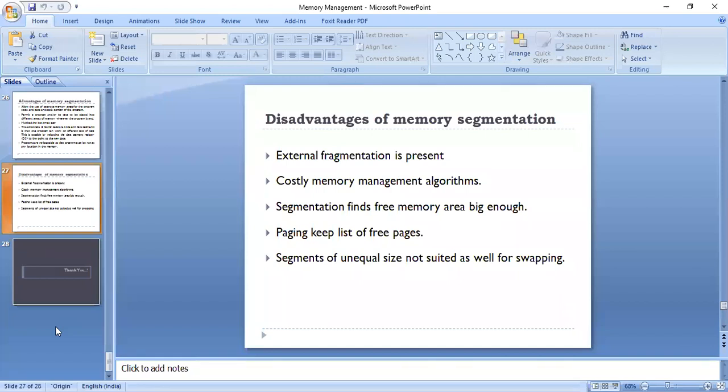This may occur when all the blocks in the memory are too small to accommodate a segment. Compaction may, however, be used to solve the problem of external fragmentation, but we cannot assure the full elimination of fragmentation.